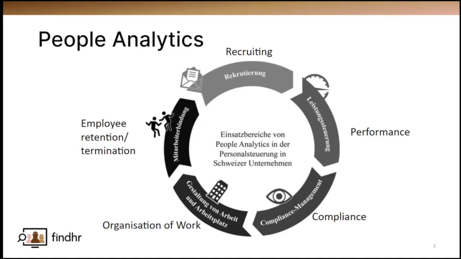And so what we are interested in especially is the ways that employees' personal data can be used to make predictions or to make automated decisions where humans are not necessarily in the loop.